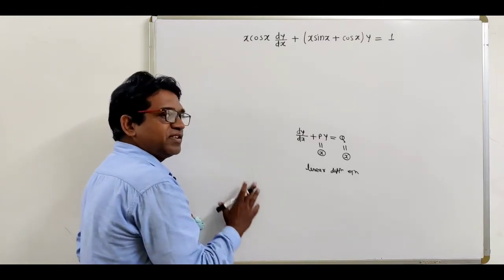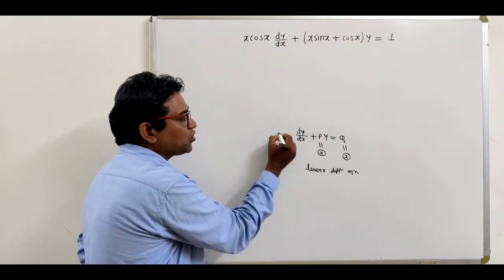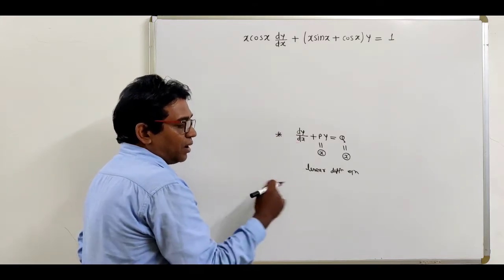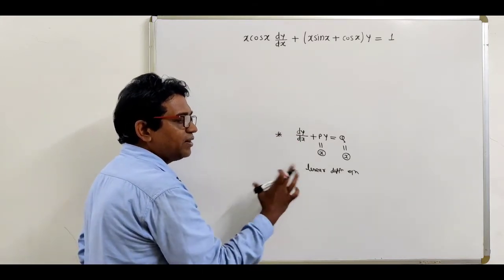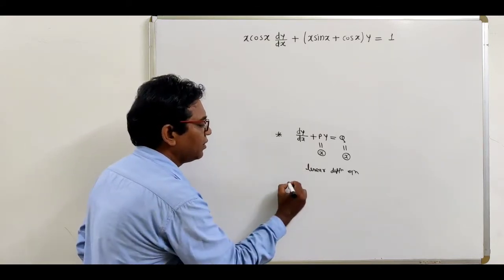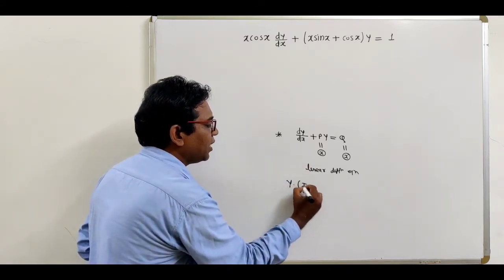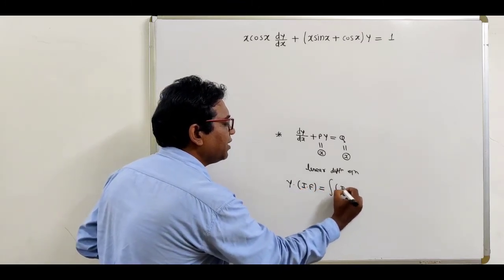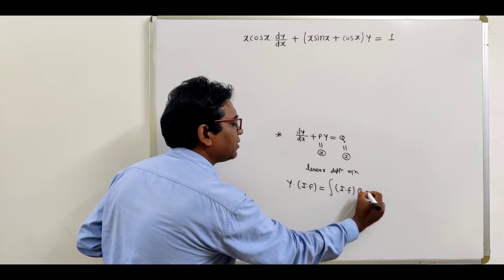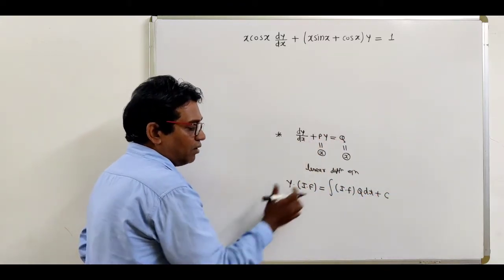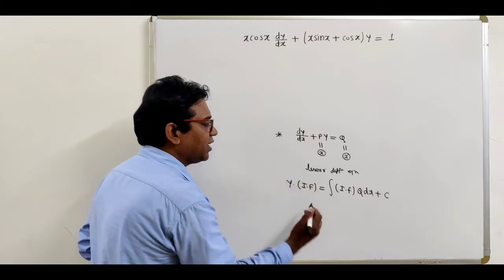And also we have seen how to solve the linear differential equation. This is the formula for finding the solution of a linear differential equation. And what is that formula? y into integrating factor is equal to integral of integrating factor into q dx plus c. How to calculate this integrating factor?